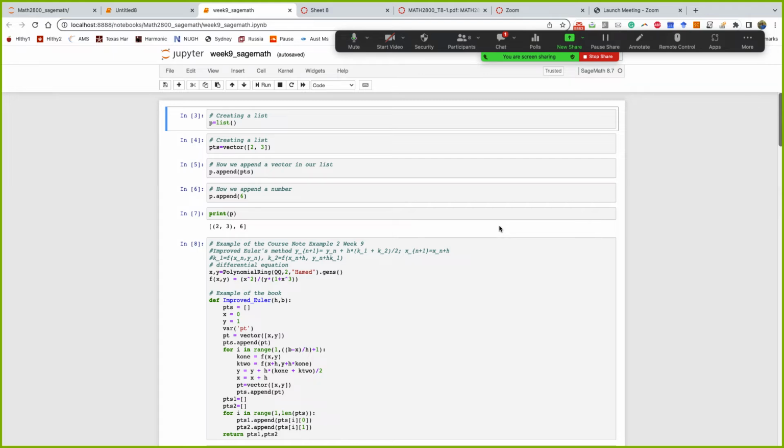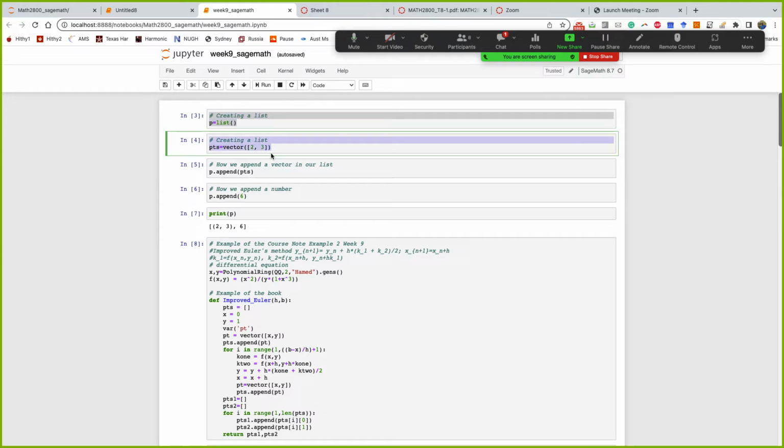So the details that you might need is this one, list, but we reviewed these things in the first week. Making a list in Python or SageMath comes from this one.